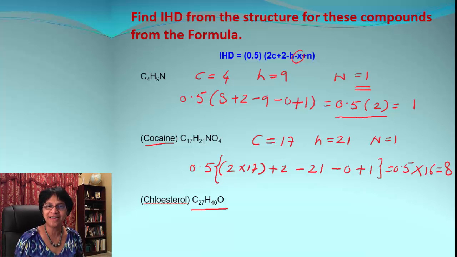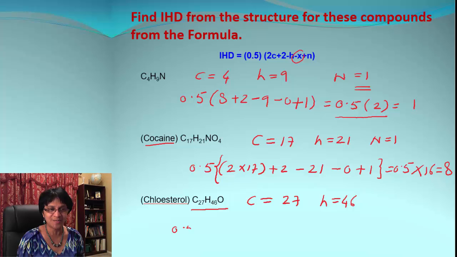Let's do one final example. Cholesterol, C27H46O. So let's list that down. Carbon is 27, H is 46, and I don't really care about oxygen because that is not in the formula. So let's see what it comes out to be.